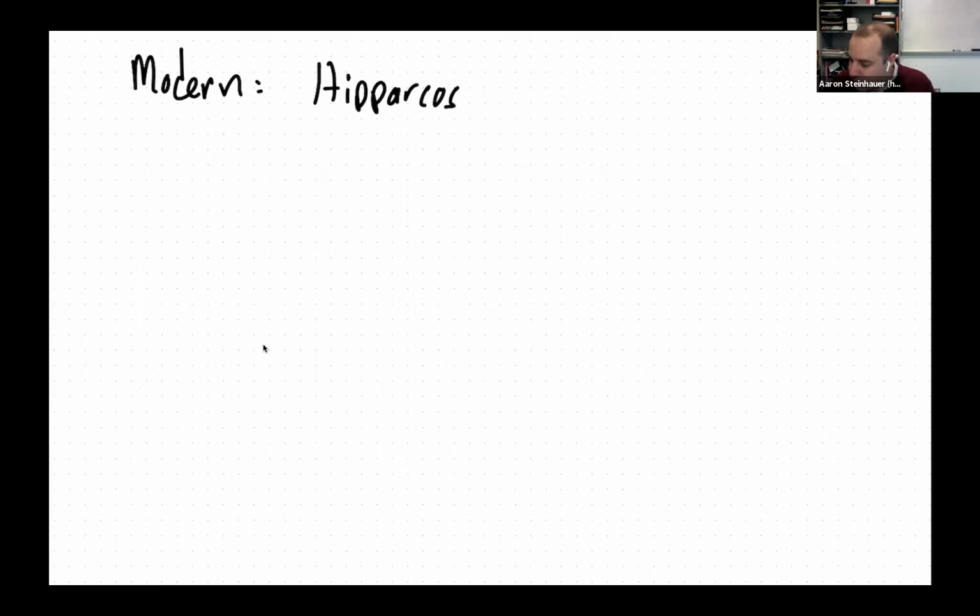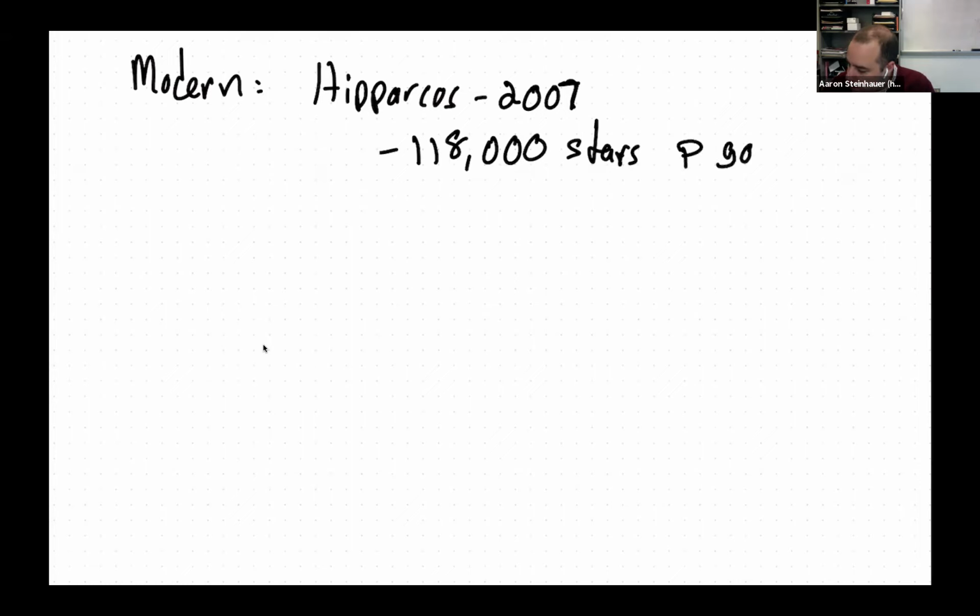And it was impressive. This is in 2007, so it's already pretty old and way out of date, but it's impressive anyway, and it's useful to know the history. Hipparcos measured the parallax angle of 118,000 stars, and the parallax angles were good to about 0.001 arc seconds.